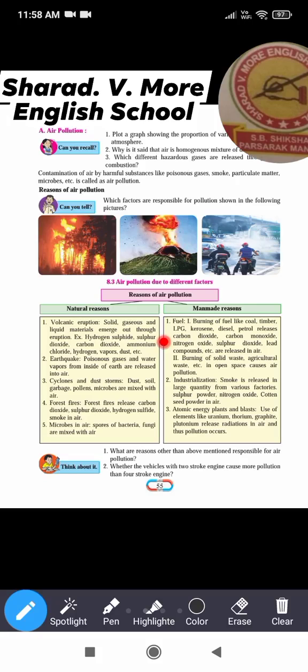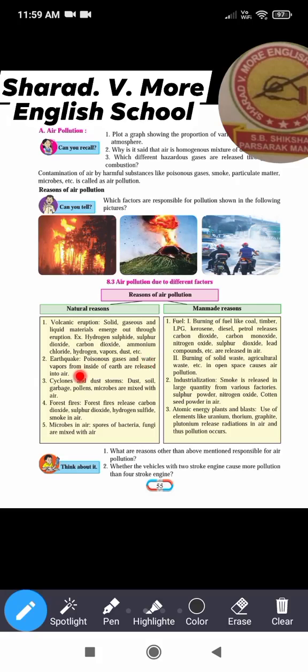For example: hydrogen sulfide, sulfur dioxide, carbon dioxide, ammonium chloride, hydrogen vapor, dust, etc. So solid material like dust comes out during the volcanic eruption, along with various types of gases, for example hydrogen sulfide and sulfur dioxide, and this causes air pollution.